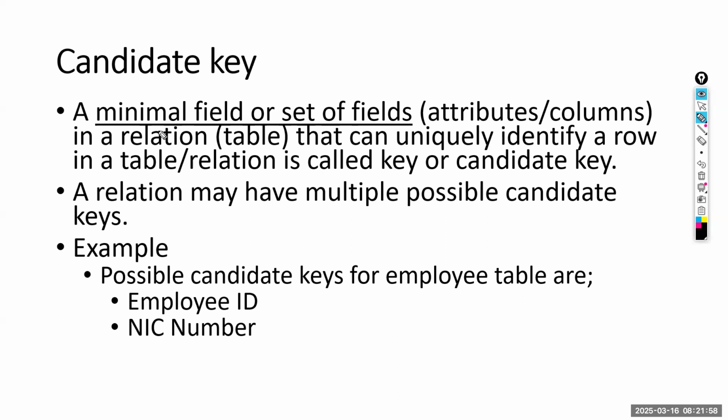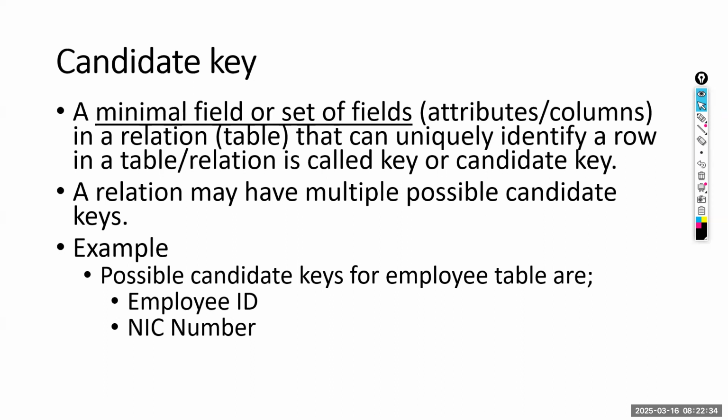Those possible fields that we can use to uniquely identify a record are called candidate keys. Right? Candidate key. Okay. So maybe there is employee ID, NIC number, maybe email address. Those are called candidate keys. So maybe you have multiple candidate keys, not just one.